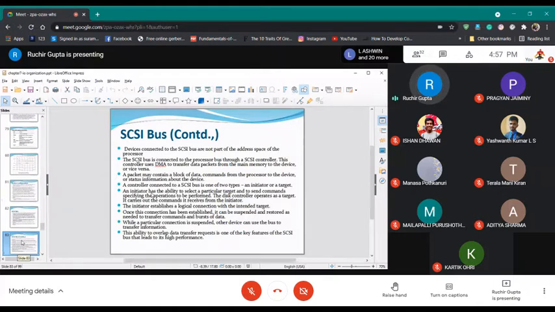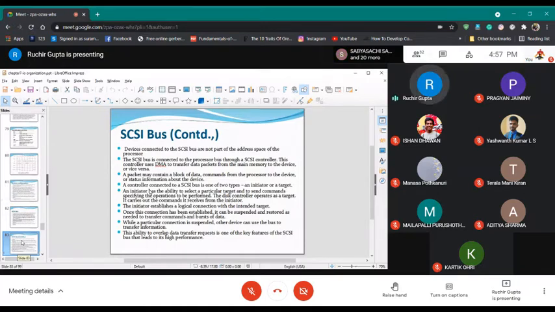The disk controller operates as target and carries out commands it receives from initiators. Then the initiator establishes a logical connection with the intended target. Once a connection has been established, it need not be continuous all the time. It can be suspended and restored as and when required.